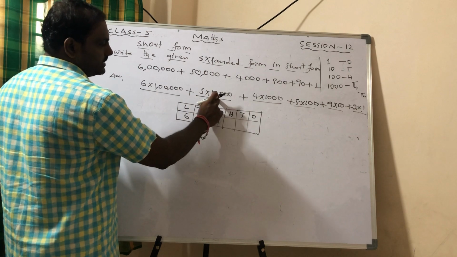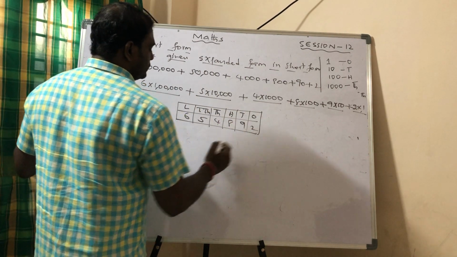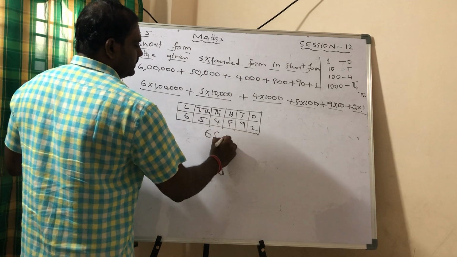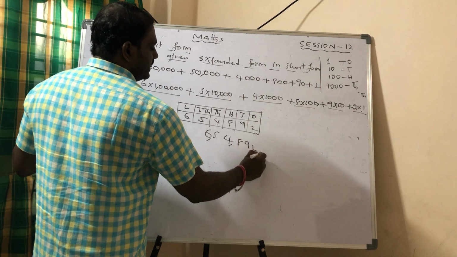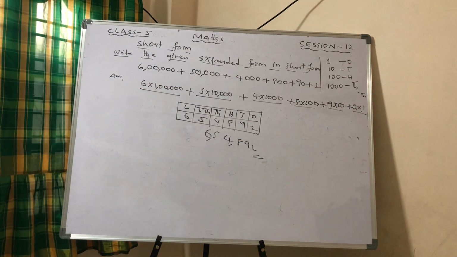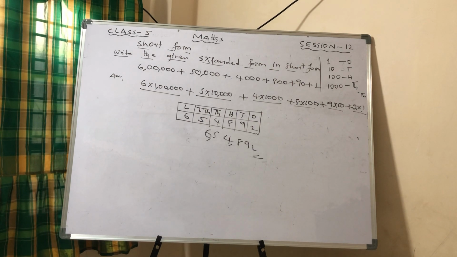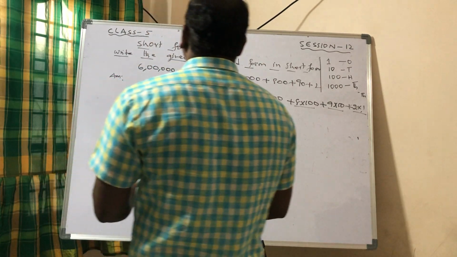That is, 10,000s are 5, thousands are 4, 8, 6,592. Sorry, 6,54,892. So this is the way to write the short form when the normal expanded form is given.